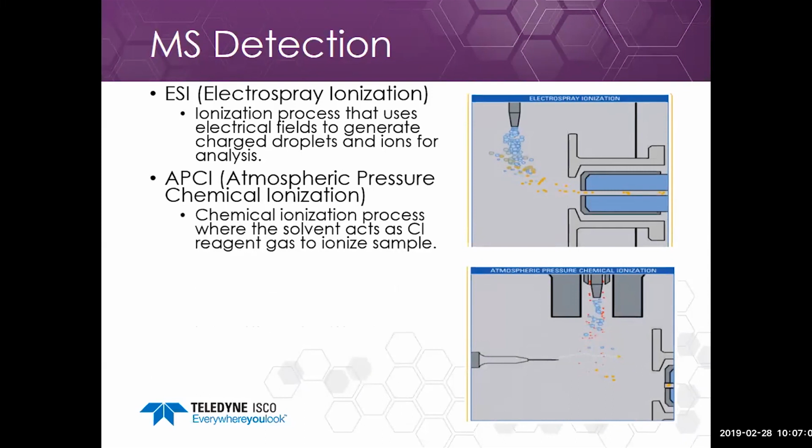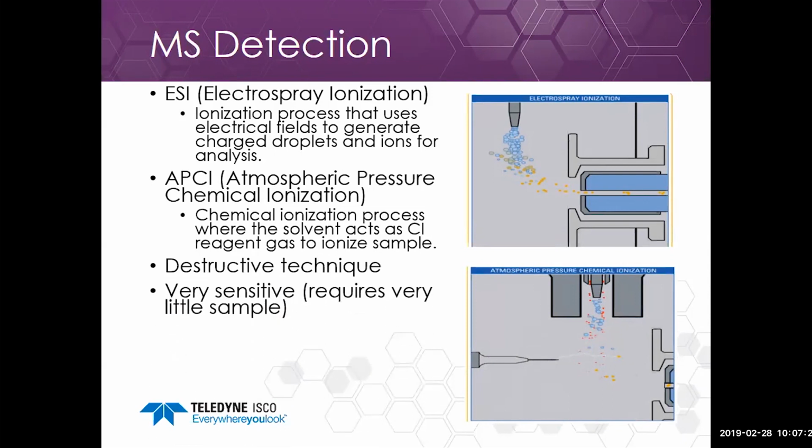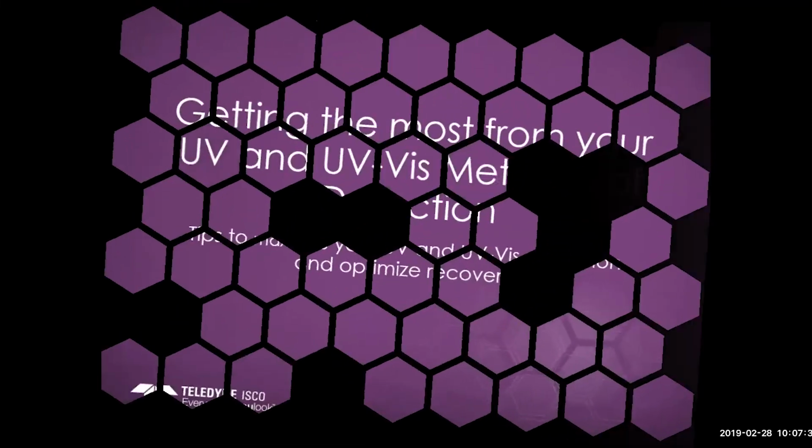This is a chemical ionization process where the solvent actually acts as a chemical ionization reagent to ionize the sample. So this is a destructive technique, so you do lose a little bit of sample via this method, but it's very sensitive, so it requires very little sample. So overall, there's negligible loss to the mass spec. And your compounds must ionize well to be detected. So if you have difficulty ionizing your compounds, then you're going to have difficulties detecting them via the mass spec.